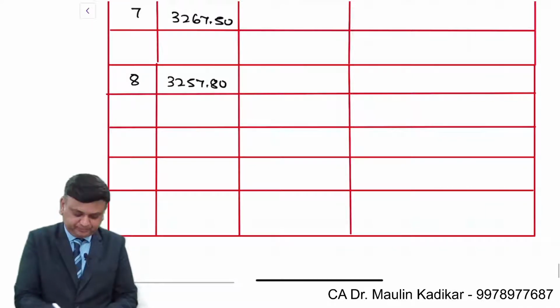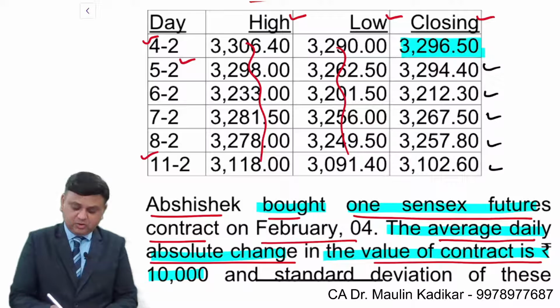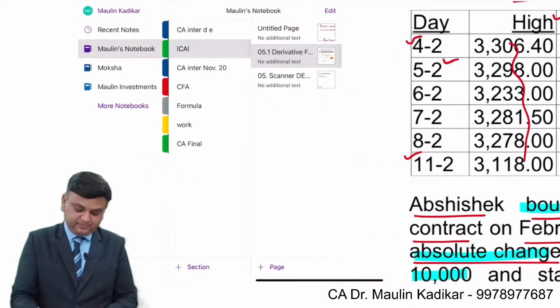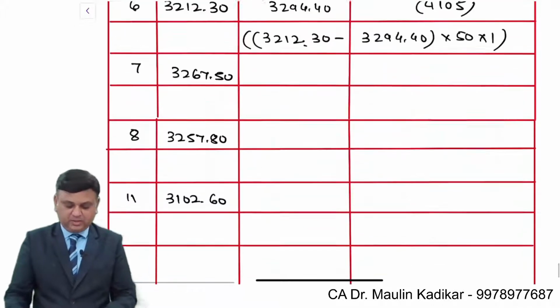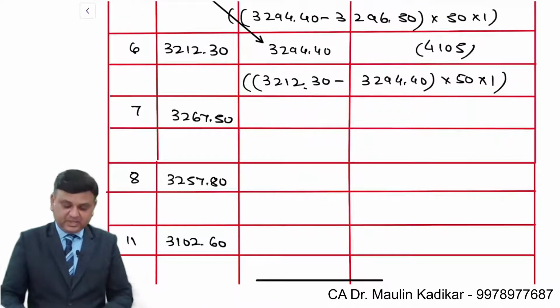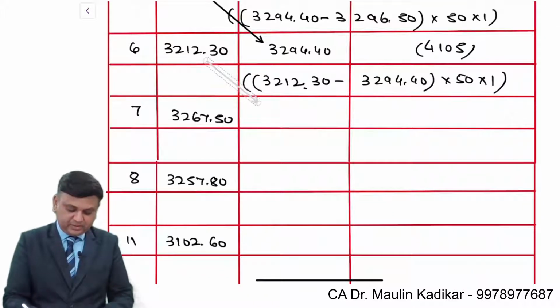Next, 3102.6. Okay. Now this will become the purchase price, 3212.30.